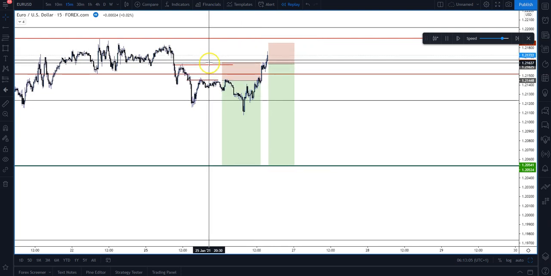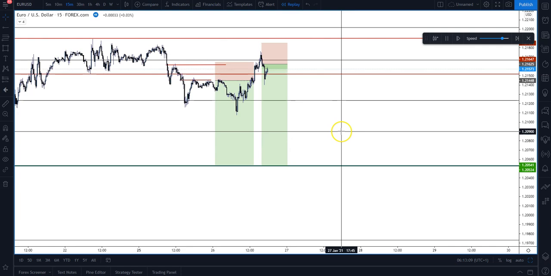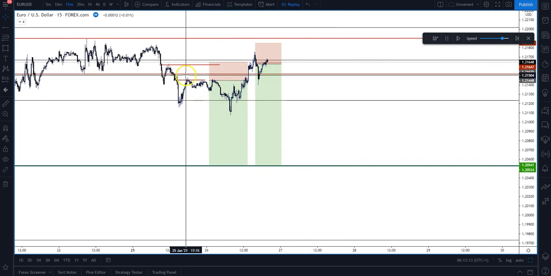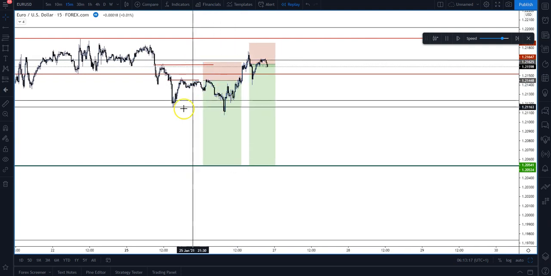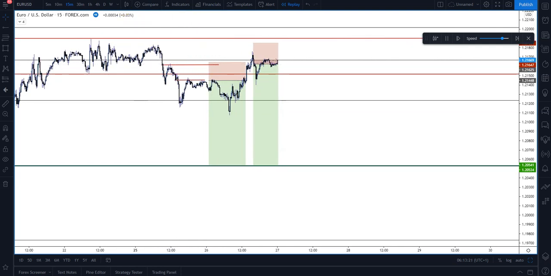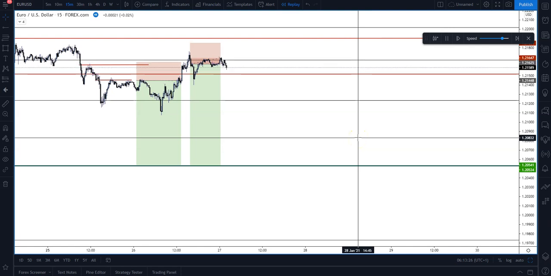Oh, stopped out. This trade has been stopped out. Stop loss too close. Stop loss would be better if it was up here above the actual doji, the doji high.